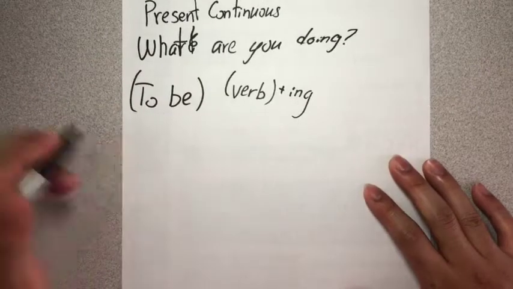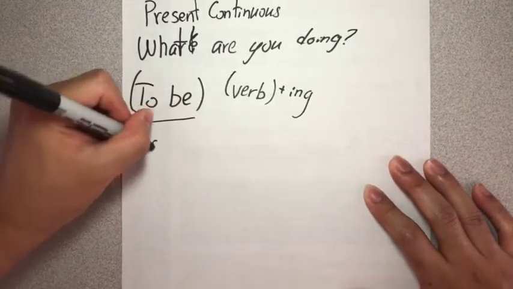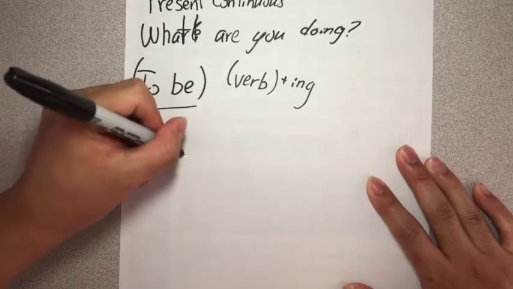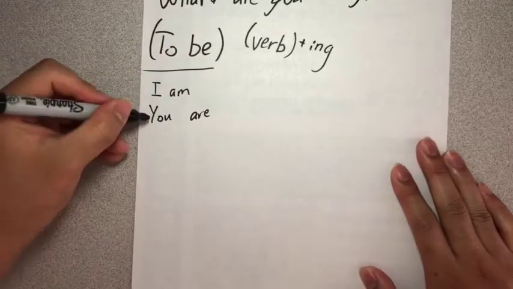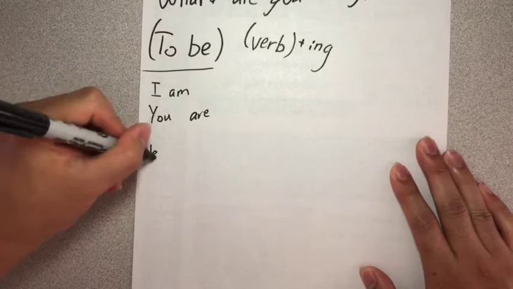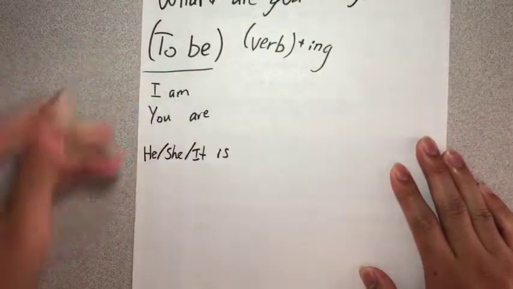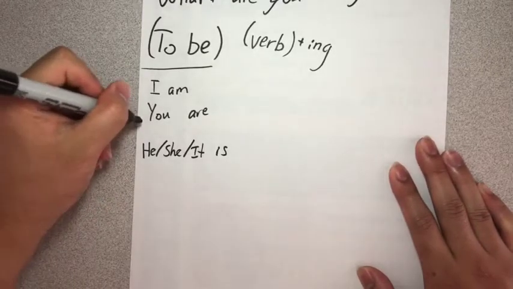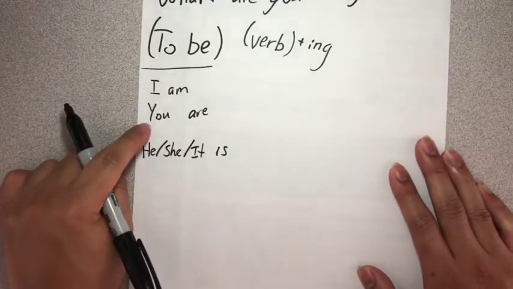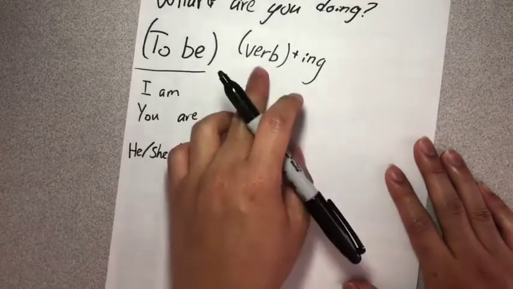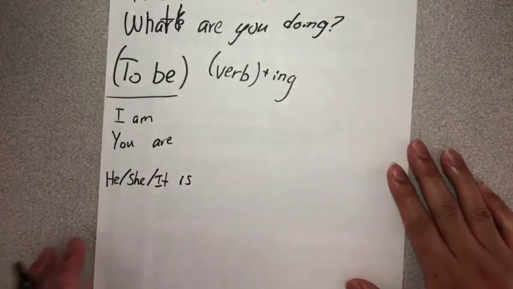So, what is to be? To be is I am, you are, we are, they are, and he, she, it is. Then we write the verb and we add ing to the end.